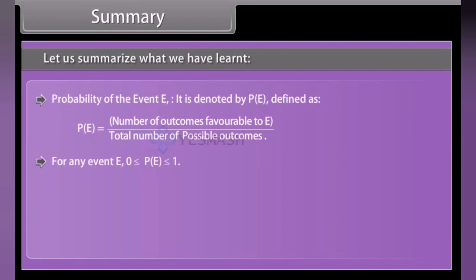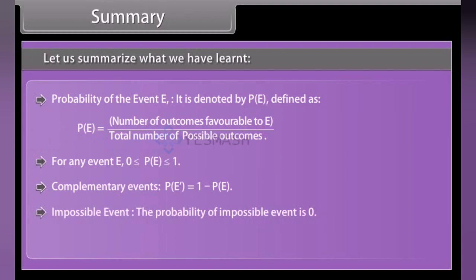For any event E, 0 less than or equal to P(E) less than or equal to 1. Complementary events: P(not E) is equal to 1 minus P(E). Impossible event: the probability of an impossible event is 0. Sure event: the probability of a sure event is 1.